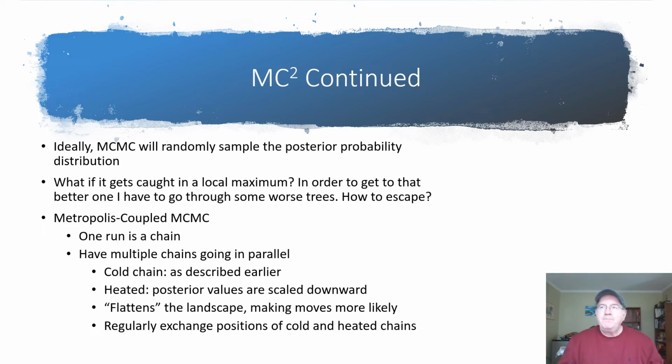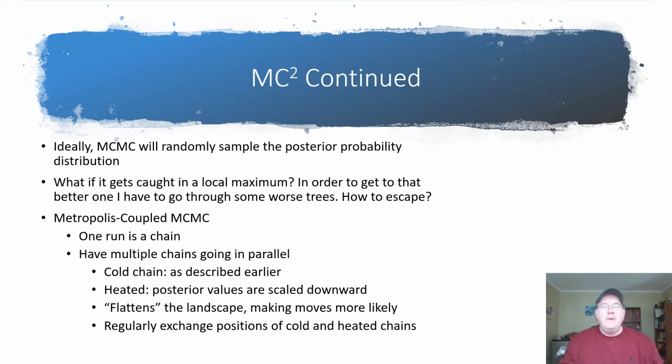So the question that I posed a little bit before was, what if I get caught in a local maximum? Instead of being on the mountain, I'm on a small hill. The chance that I might accept a suboptimal step could get me out, but it needs a little bit more help, especially if our landscape is not gently rolling, but it's got high peaks and deep valleys in it.